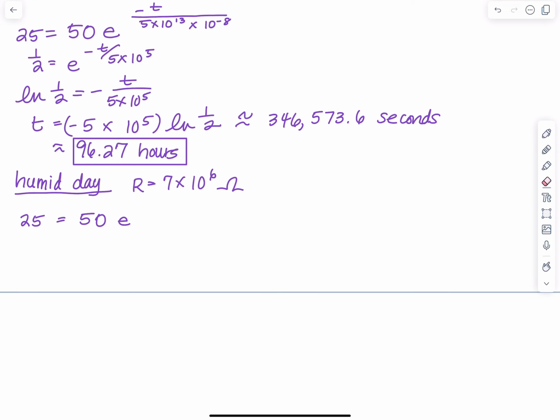That does not look good, so I'm going to bring this down so I can get that exponent a little bit better. The opposite of t divided by 7 times 10 to the 6th, and then we still have that 10 to the negative 8th there in the denominator. And we come up with 1/2 is equal to e to the negative t divided by 7 times 10 to the negative 2 power.